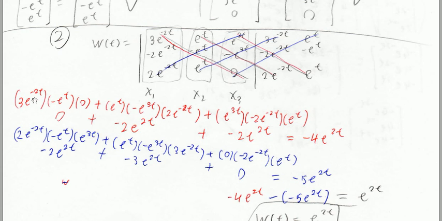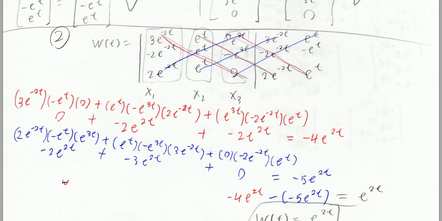So the product of this is 0, e to the t times negative e times 2e to the negative 2t. As you can see, the whole product of that becomes negative 2e to the t. And then lastly, the last diagonal, negative 2e to the 2t. And so the sum of all the red is negative 4e to the 2t.